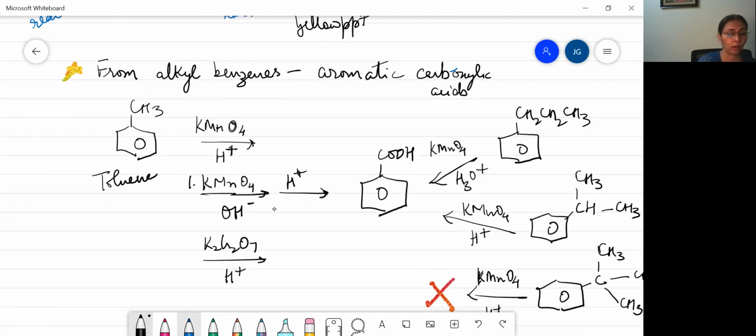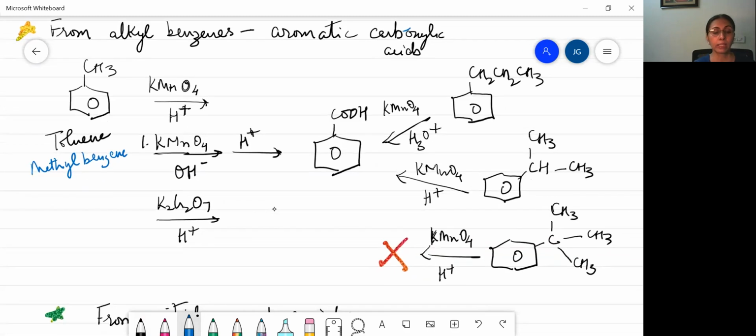When you treat it with any oxidizing agent, KMnO4 in the acidic medium, or KMnO4 in the alkaline medium, or potassium dichromate, all of these will give you carboxylic acid. If it is an alkaline medium, you have to acidify it.